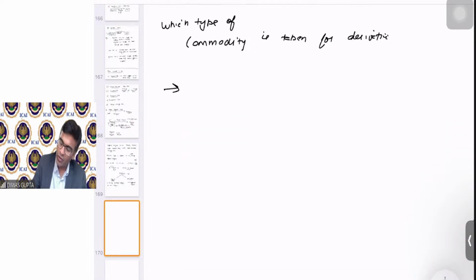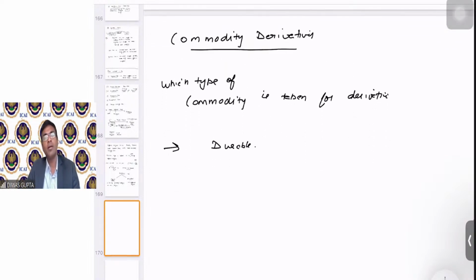So students, first of all, what are the common features? It should be durable. If the commodity cannot be stored, then there is no need of a derivative on the commodity. Because it can be stored, that's why there is a need to do forwards on those commodities, and hence to achieve hedging.